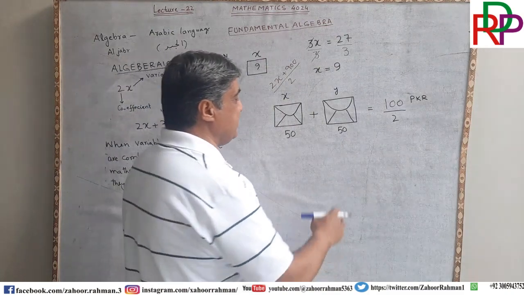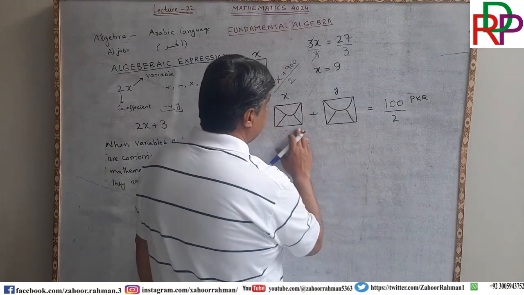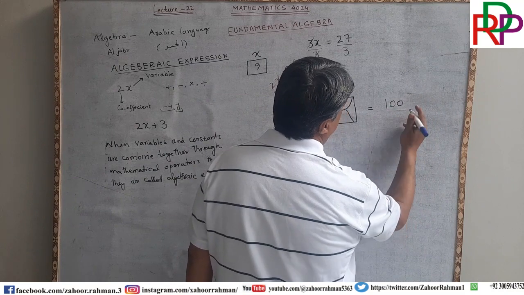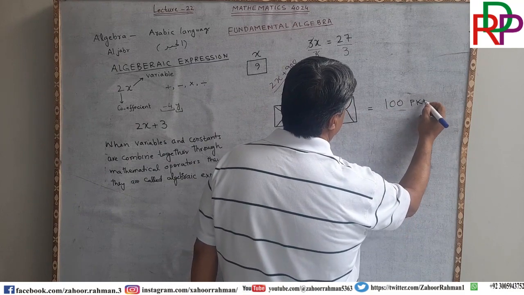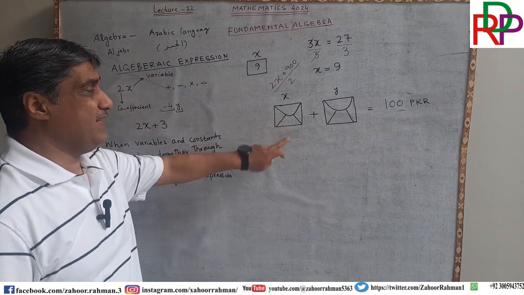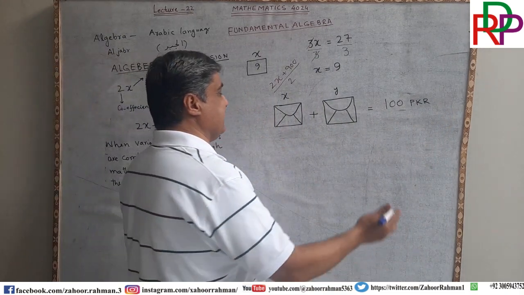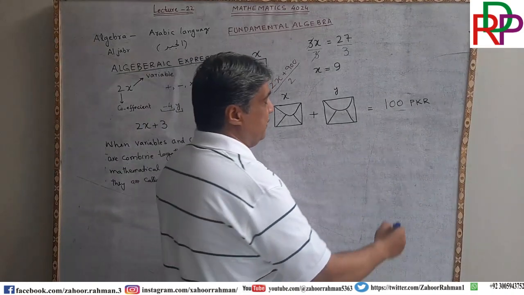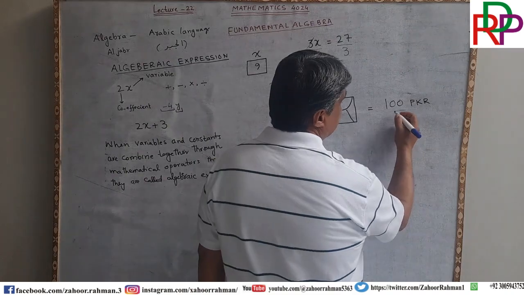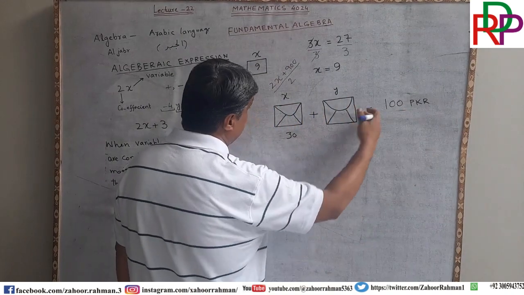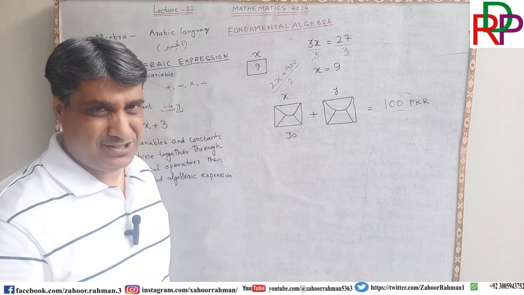But if somebody is saying that 30% of this 100 Pakistani rupees is in this envelope and the remaining is in this envelope, so we have to find 30% of this, so it will be 30. I am giving you a simple example, not going into mathematical complications.